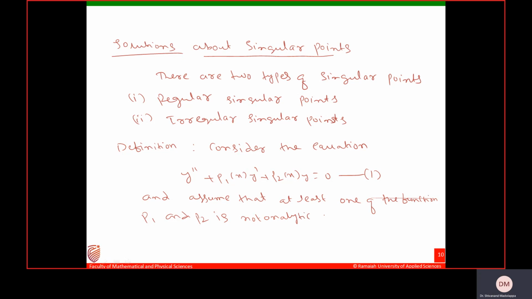Not analytic means p1 is equal to infinity or p2 is equal to infinity. In this equation, if p1 is equal to infinity or p2 is equal to infinity, then either p1 or p2 is not analytic.